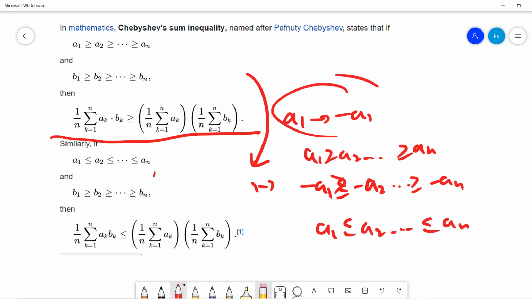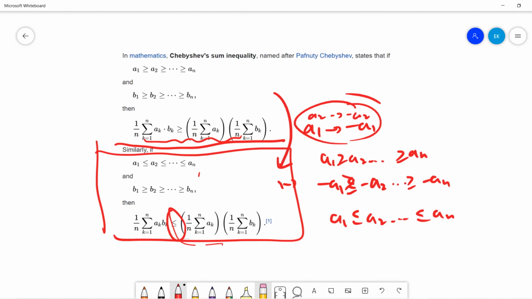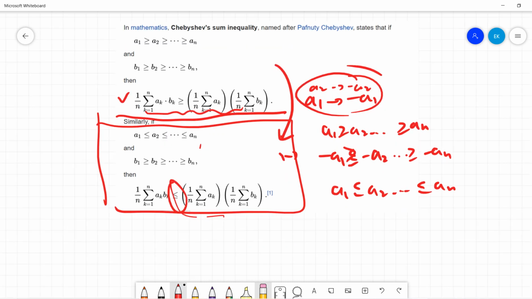If you change a1 into negative a1 and a2 into negative a2, then the original inequality gets a minus sign here, and if you multiply by minus 1, you change the sign of the inequality. So the second one is the same as the first one, and we only need to prove the first one. Everybody remember this inequality. Let's go to the proof.